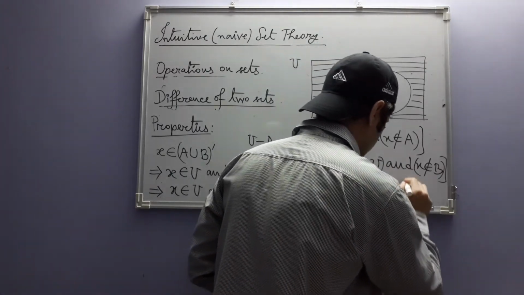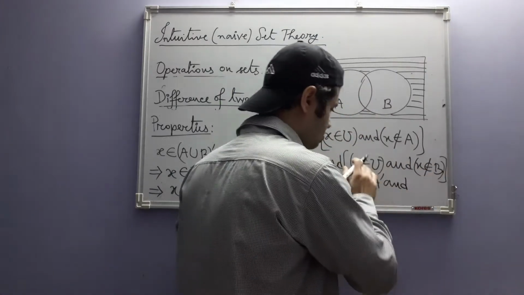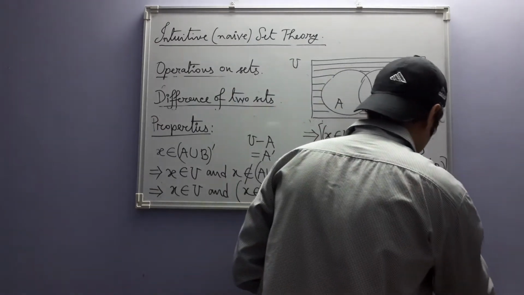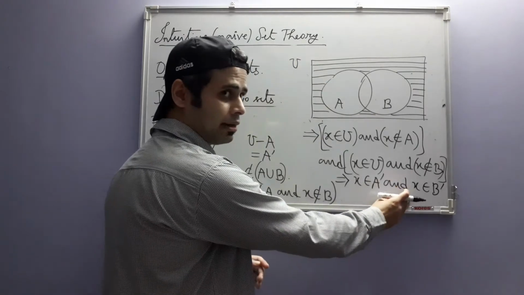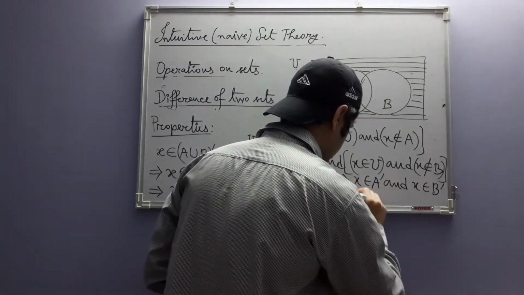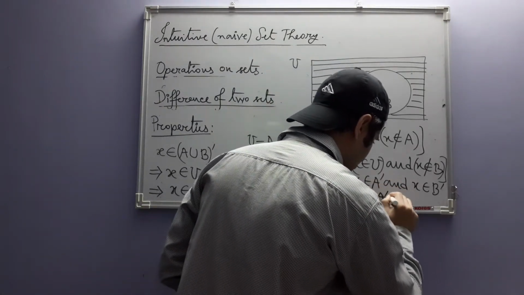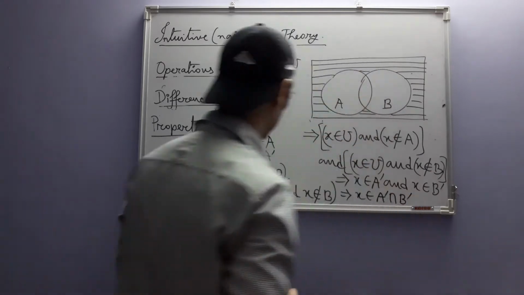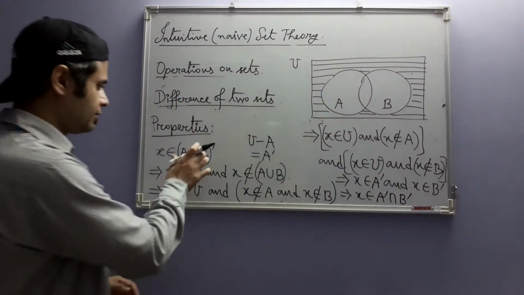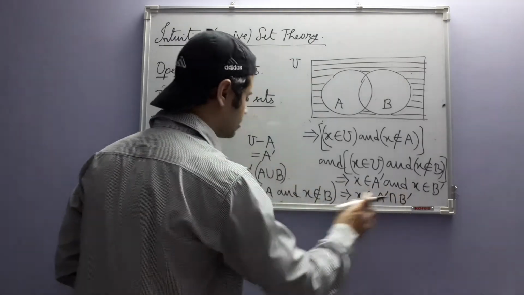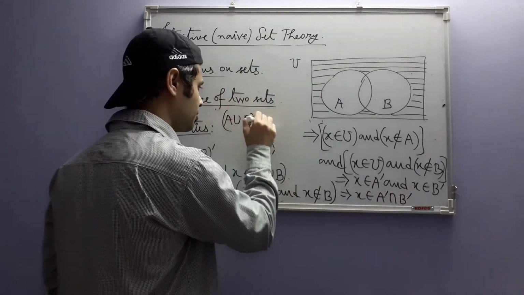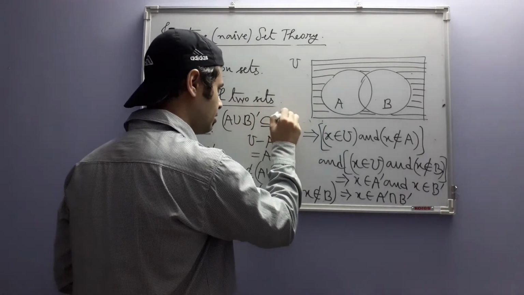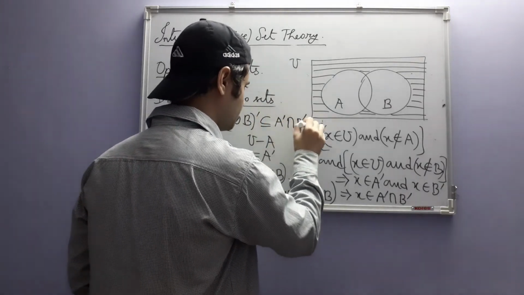Similarly, x belongs to U and x does not belong to B means x belongs to B complement. But now we have AND, so this is intersection. x belongs to A complement intersection B complement. So we have proved that any element here is also here. That means we have proved that A union B complement is a subset of A complement intersection B complement.